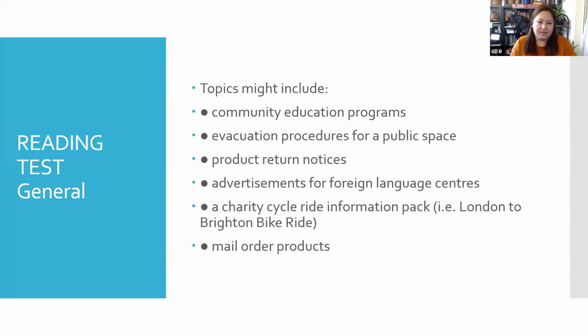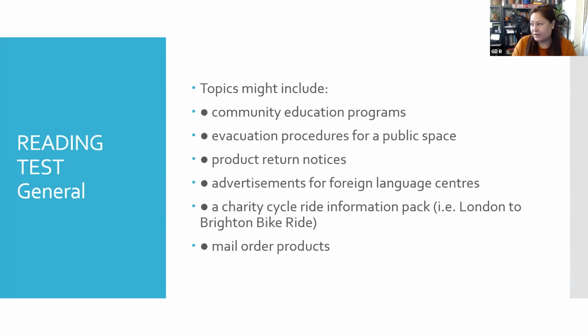So again, you would also encounter community education program topics, like evacuation procedures for a public space, or, for example, remember when you receive advice from your consulate or your embassy if there are any problems, how to contact them. Those kinds of announcements. Product return notices.